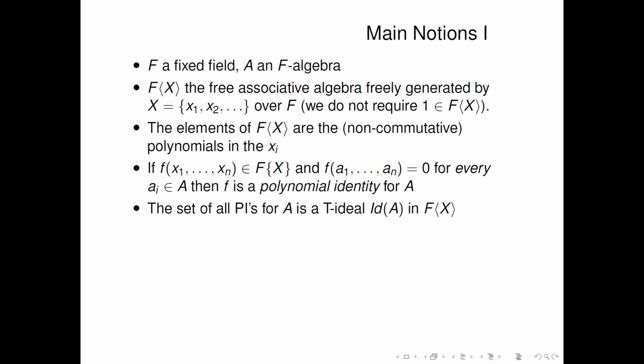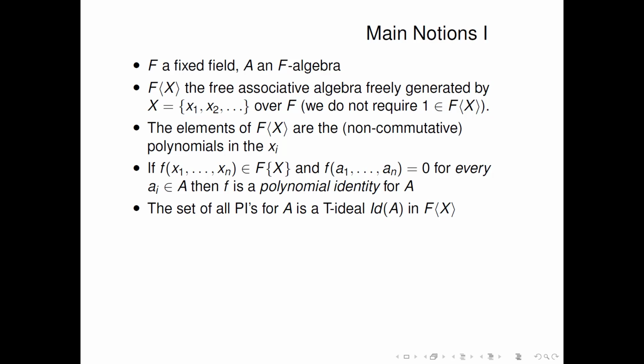I will give some examples later on. If you take the set of all polynomial identities for A, then it forms an ideal in the free associative algebra, since 0 times anything is 0, and then if you form linear combinations of zeros, you get once again 0.